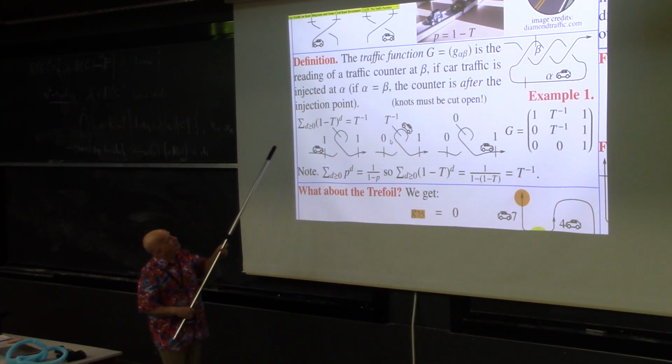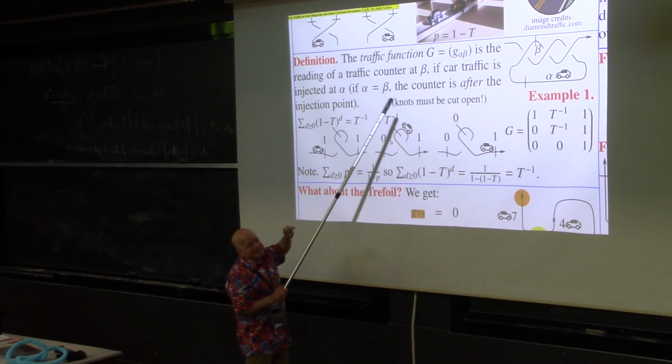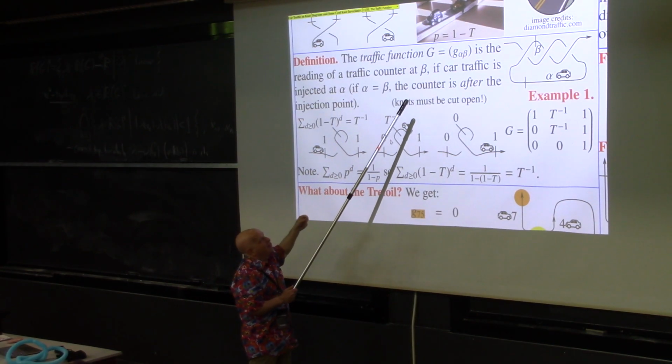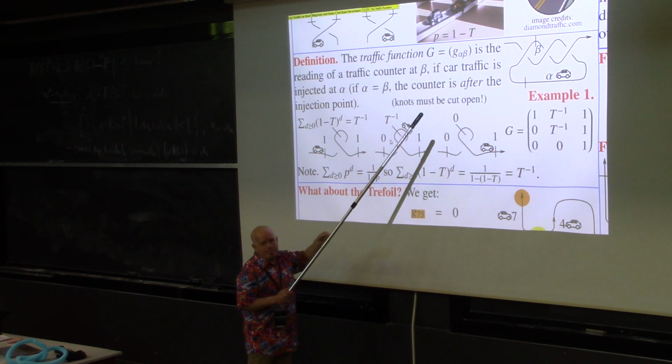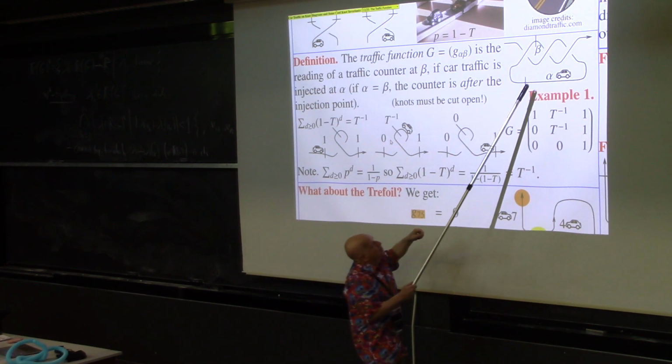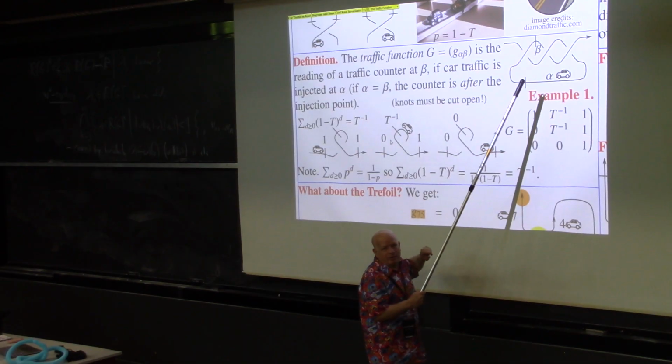So the traffic function is really a matrix, G alpha beta, where alpha and beta denote edges of the knot diagram.